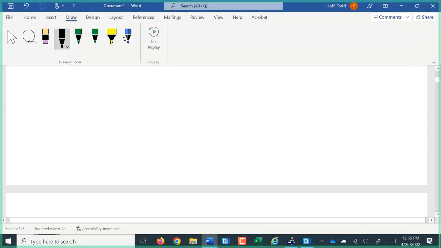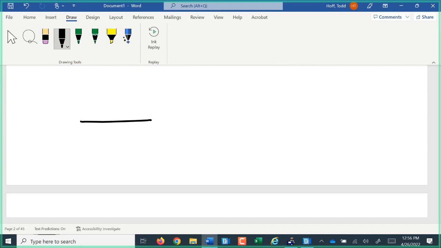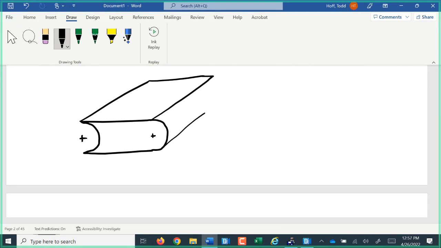So then, let's have a little fun here. Good looking book.